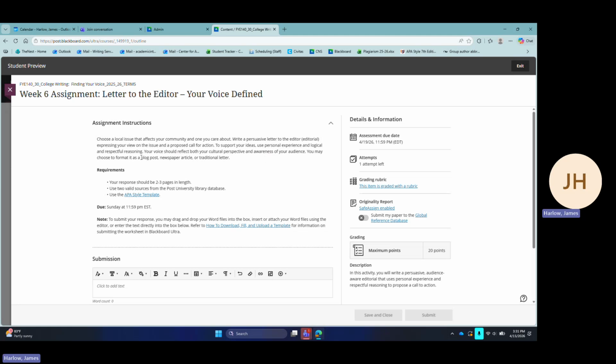You can format it as a blog post, a newspaper article, or a traditional letter. Keep in mind that you want to be descriptive. So if you're talking about something specifically within your community that others would not be aware of, perhaps rehabilitation of a certain playground, or perhaps an issue with the road on a certain street, be descriptive.